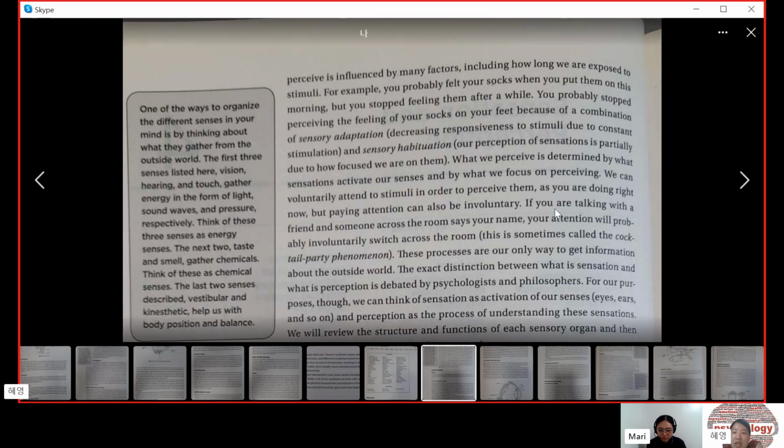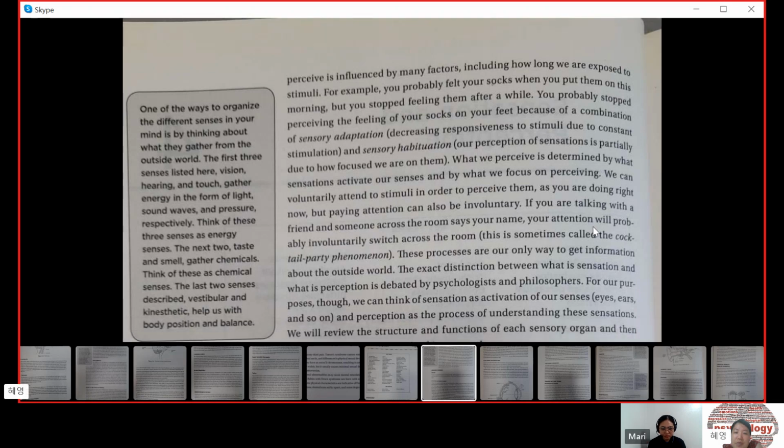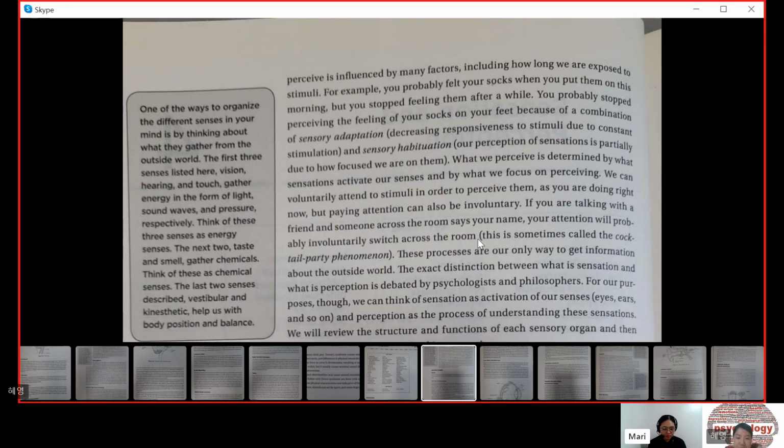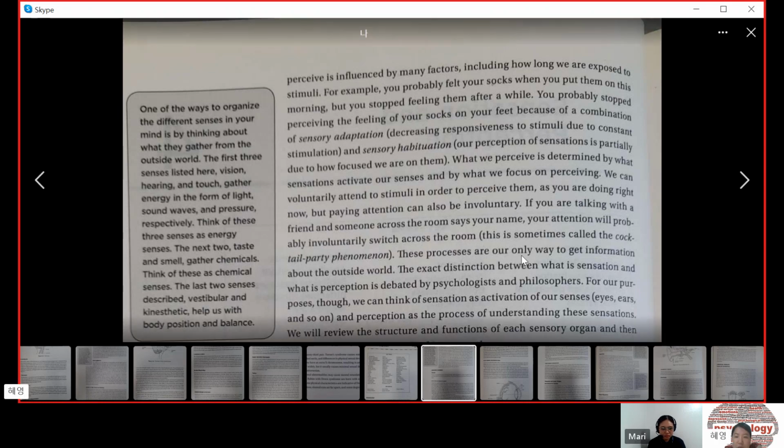If you are talking with a friend and someone across the room says your name, your attention will probably involuntarily switch across the room. This process is our only way to get information about the outside world.